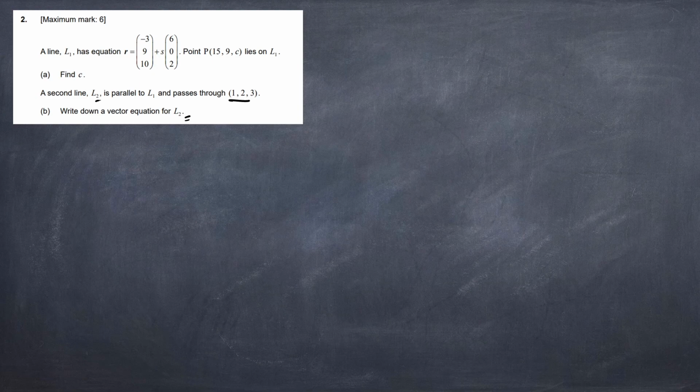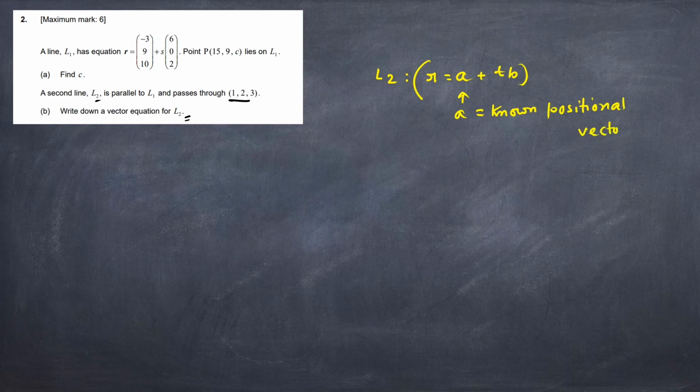Now the equation for any parallel line, L2, let this be the parallel line. It is in the format r equals a plus tb, where a is the known position vector and b is the direction vector.